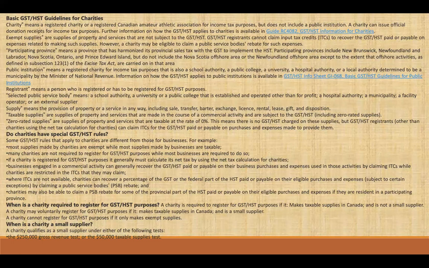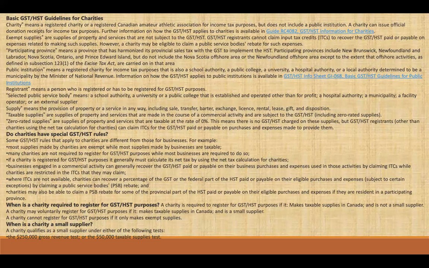Registrant means a person who is registered or has to be registered for GST purposes. Selected public service body means a school authority, a university, a public college that is established and operated other than for profit, a hospital or a municipality.